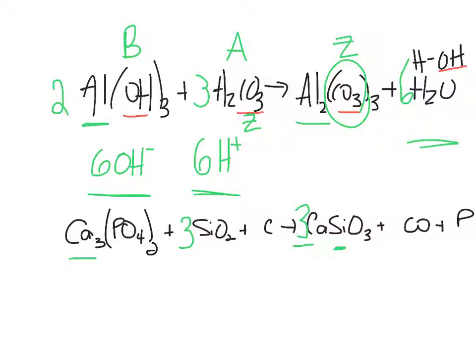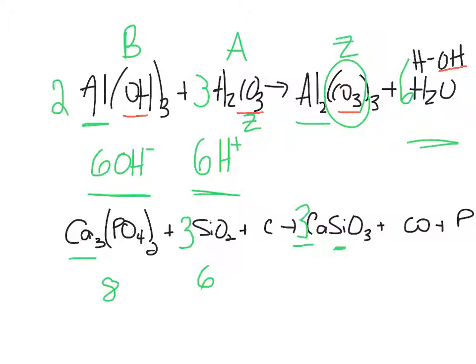Okay? So that leaves me with, well, let's do oxygen. We got lots of those. How many oxygens do I have in the first compound? The first compound that's on the board. How many oxygens are there? There's 8. How many oxygens are in the next one? 6. So that's a total of 14.